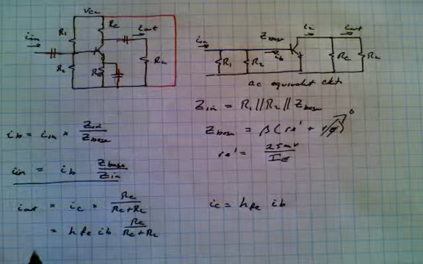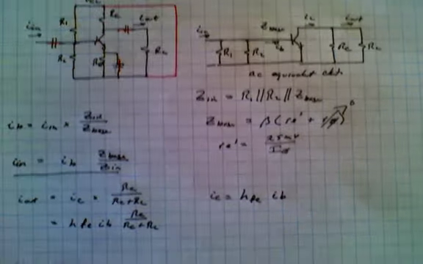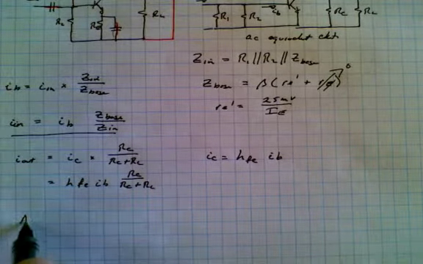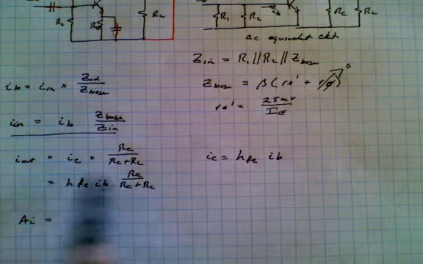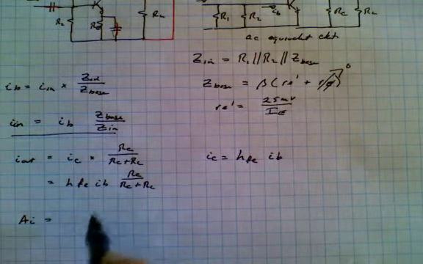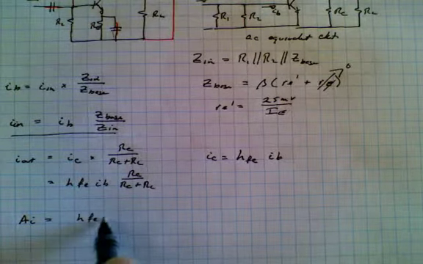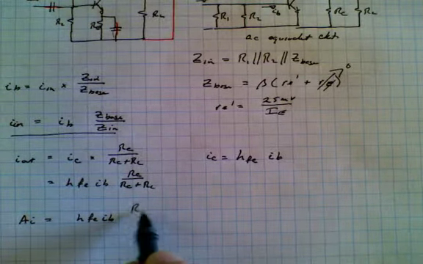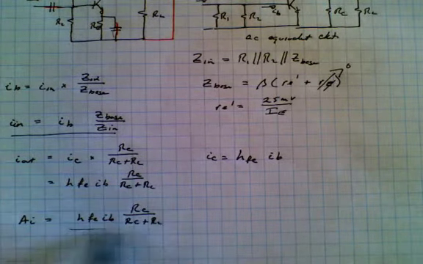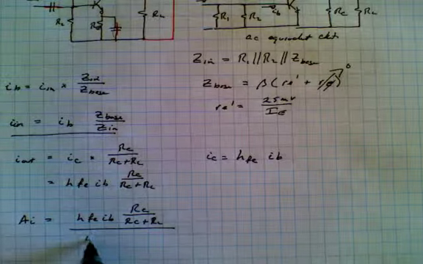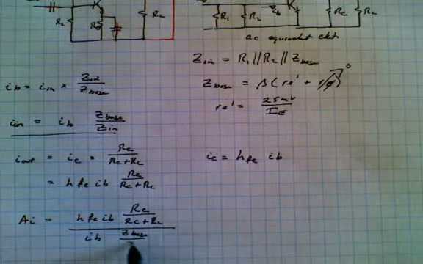Now, this tells us that the current gain is equal to, we're just going to take the ratios, I out divided by I in. So we have HFE IB times RC over RC plus RL divided by IB times Z base over Z in.